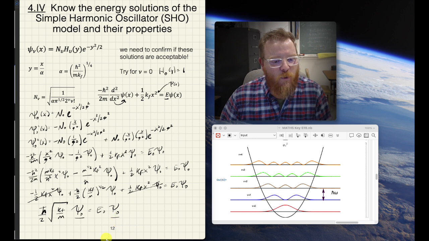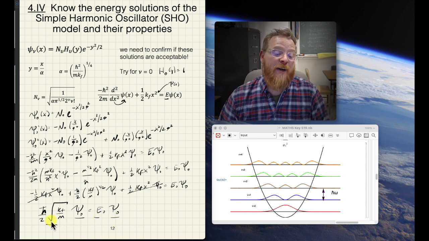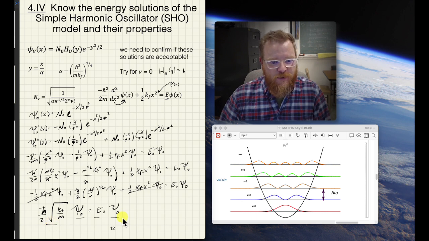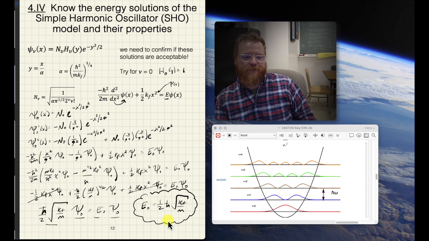We got the original wave function, and then now we can see we got an eigenvalue for energy. So I'm going to write that over here. We can see E0 equals 1/2 times h bar times the square root of kf over m. And let's remember what that looks like, because we're going to see some familiarity there.